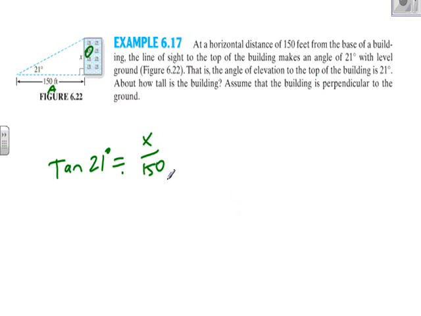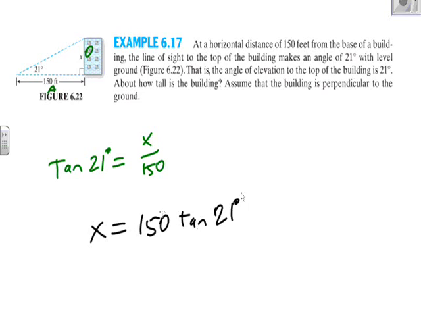To solve this problem, you have to know what tangent of 21 degrees is. And then we'll multiply by 150 to find out what x is. So we multiply by 150 times tangent of 21 degrees.